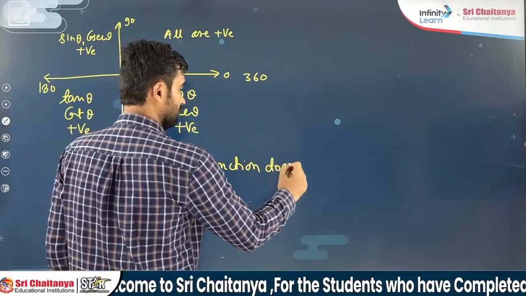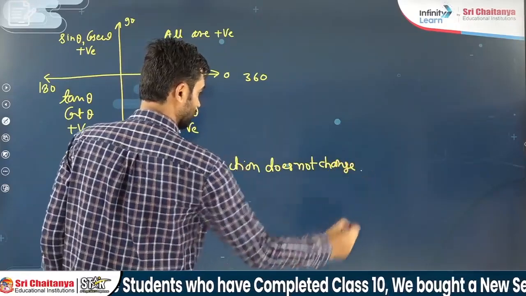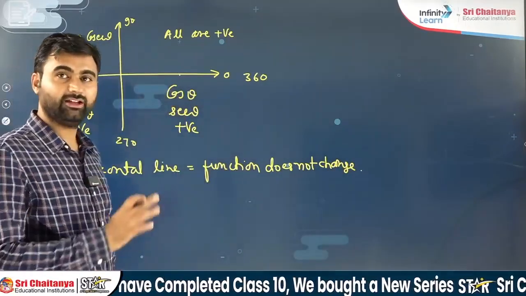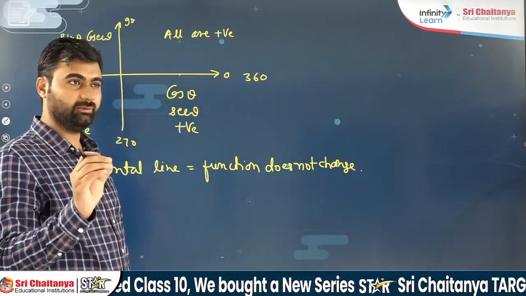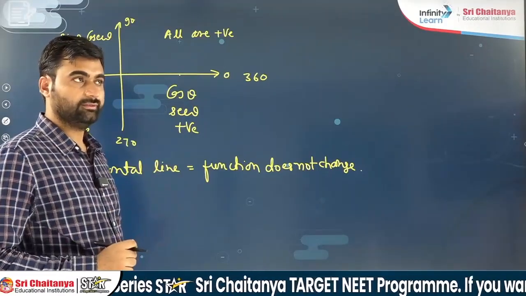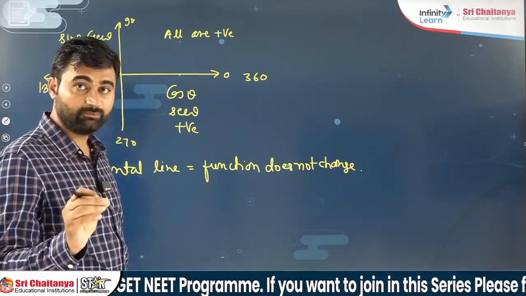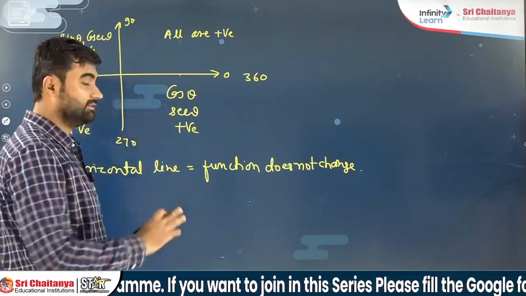Okay. And this is important and a little bit tough, so all of you listen properly. If we are writing any angle by using the horizontal line, then that function does not change.